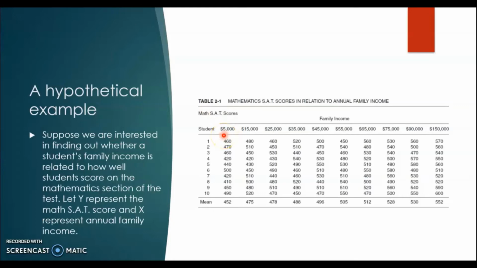For an annual family income of 5,000, one student scored 460 in his or her math SAT test, while 9 other students also had similar family incomes, and their scores, together with the first student, averaged to 452.